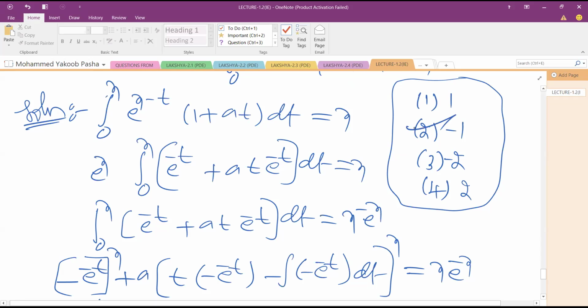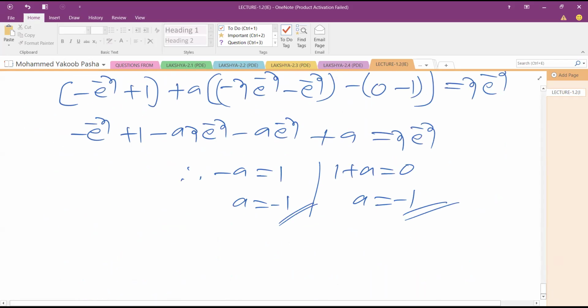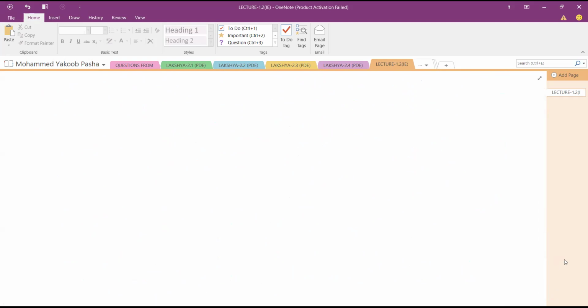Just we know the concept, that is, the given function which satisfies the given integral equation is the solution of the integral equation. Now, one important formula is the Leibniz rule for differentiation.